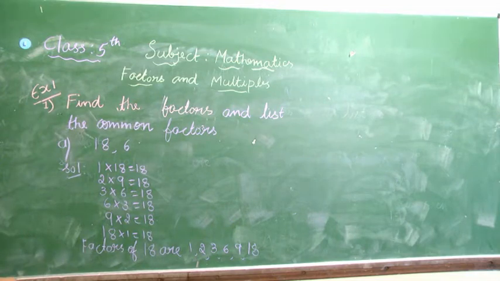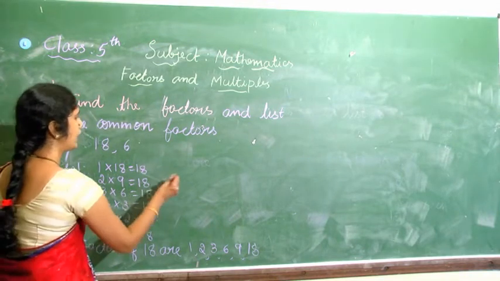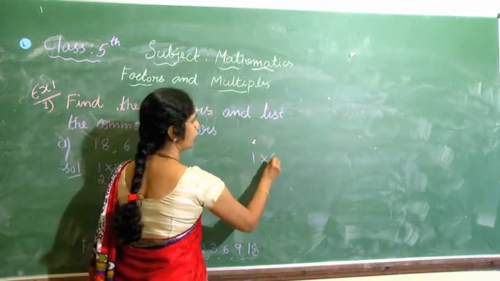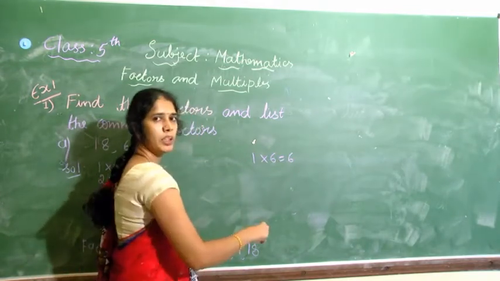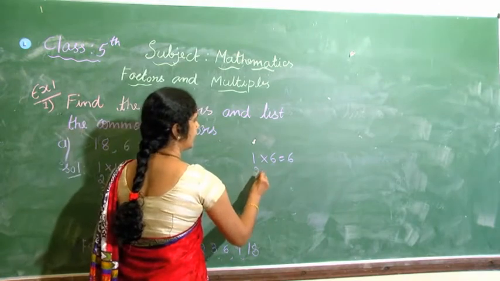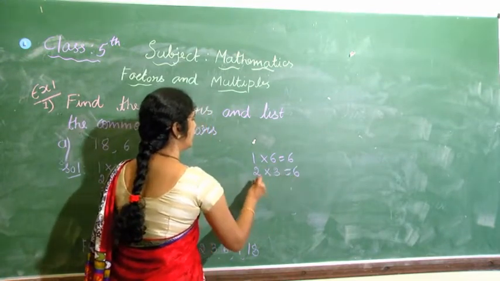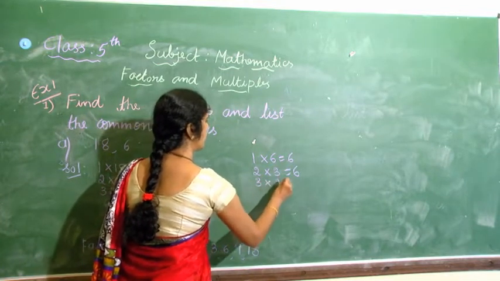Now we will find the factors of 6. Again we start with the 1 table: 1 6 is 6. In the 2 table: 2 3s are 6. In the 3 table: 3 2s are 6.